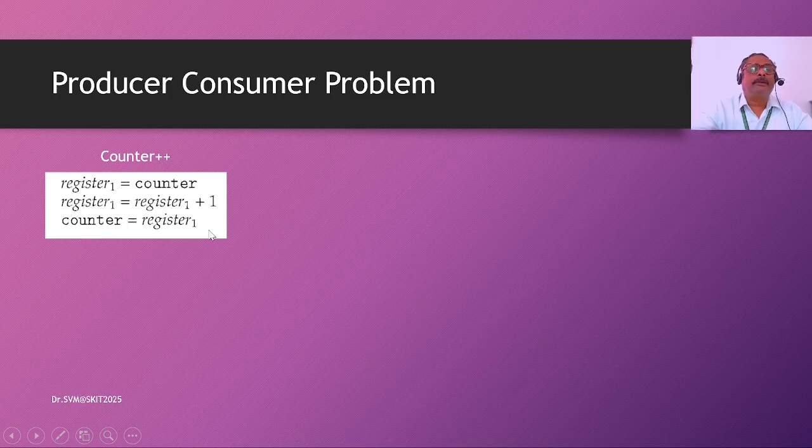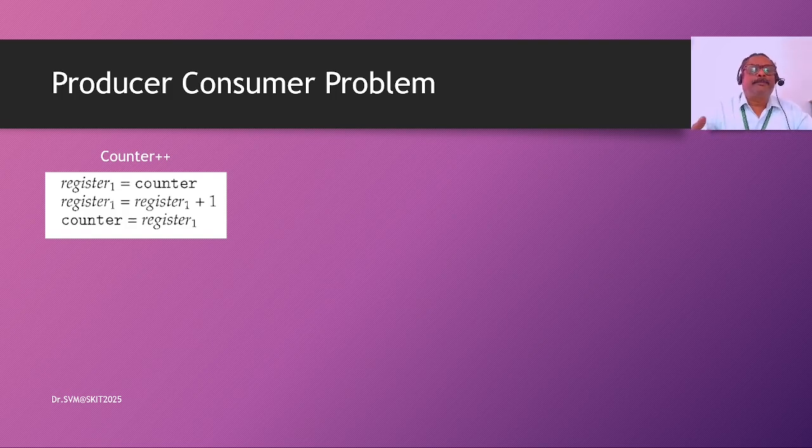So there is a variable called counter which is there in the main memory or the RAM. So when I say counter plus plus, then the value from that location counter should get into register, and that register value should be incremented, and that incremented value will be written back onto the same position.